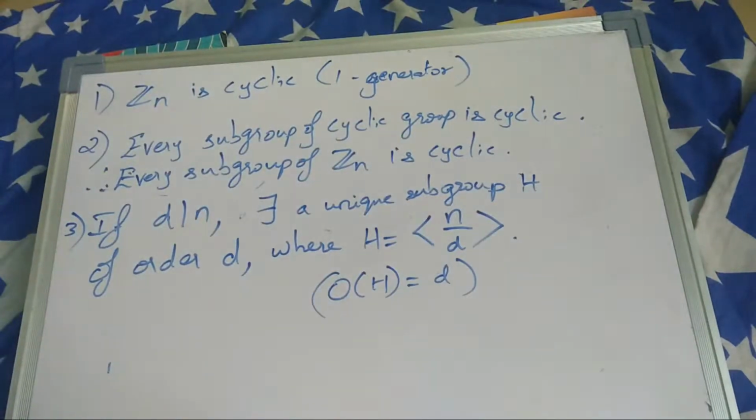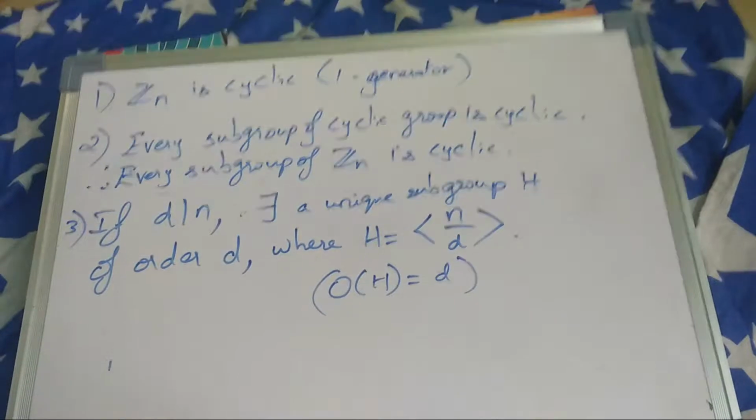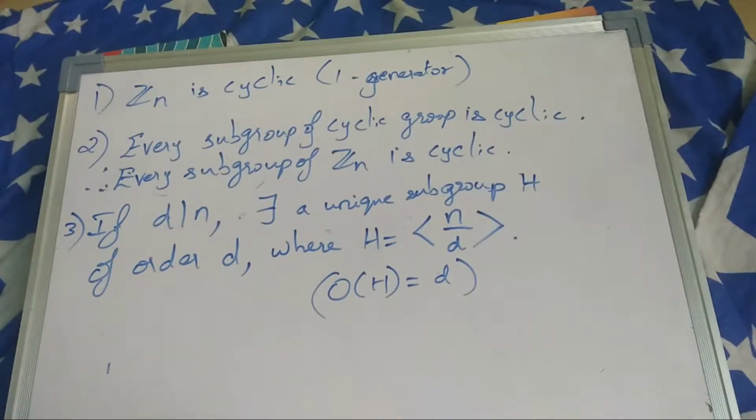And the third point is, whenever D divides n, there is a unique subgroup H of order D, where H is the subgroup generated by n by D. In between we also had an inference that the subgroup generated by A and the subgroup generated by A inverse are the same.